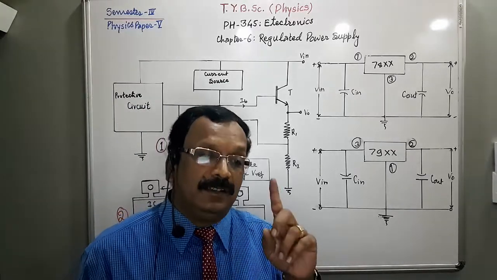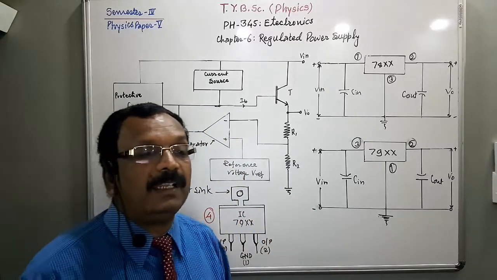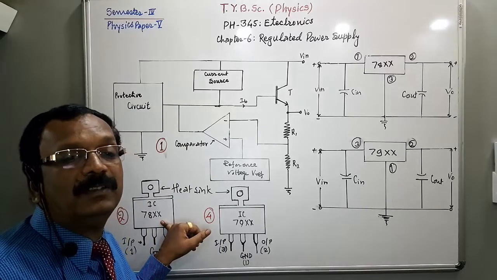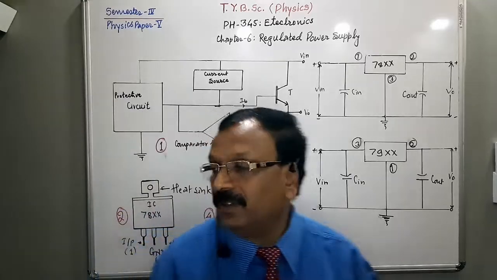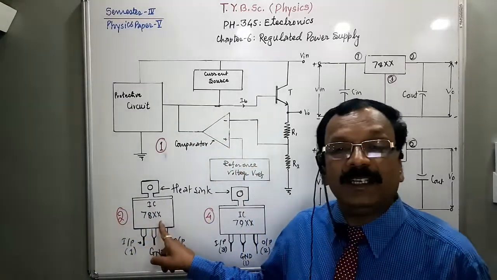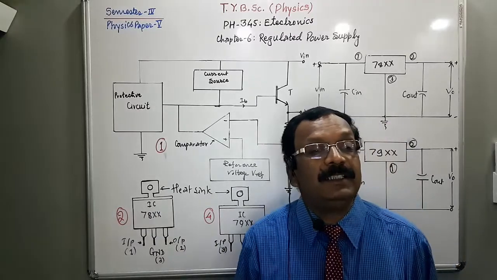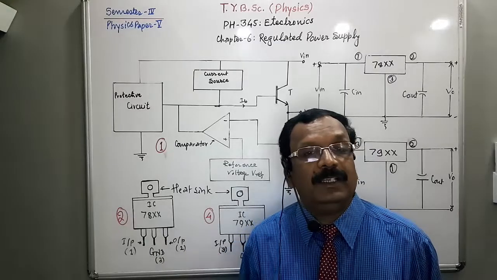The first special feature of the IC 78 series is that it allows output current up to 1 ampere.